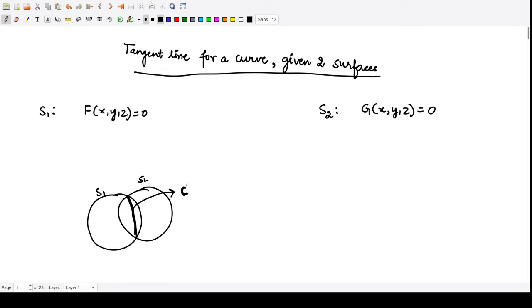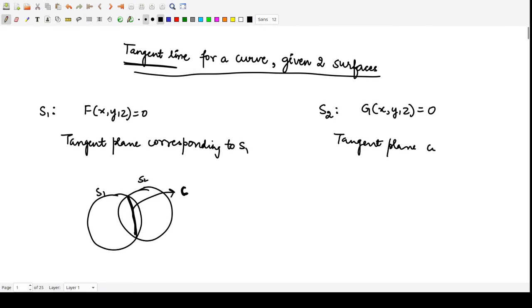So what we are doing to calculate this tangent line, we are saying calculate first the tangent plane corresponding to S1, and calculate the tangent plane corresponding to S2.